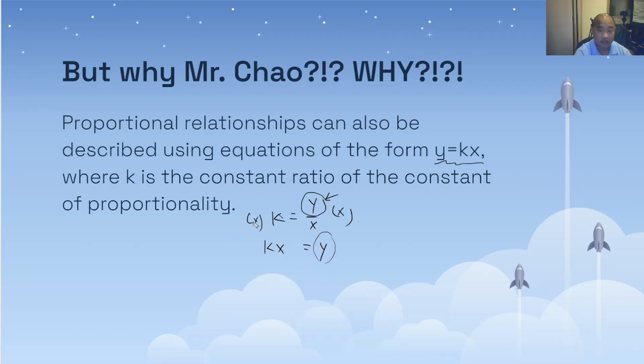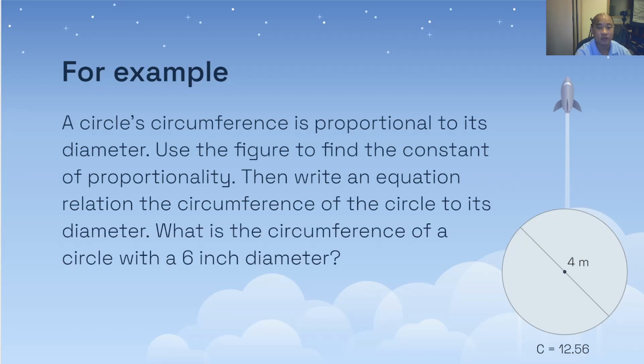So with this relationship, or with this equation, y equals kx, we can do some of the work in trying to figure out if a relationship is proportional. And we can also use this relationship to figure out things that we know are proportional.